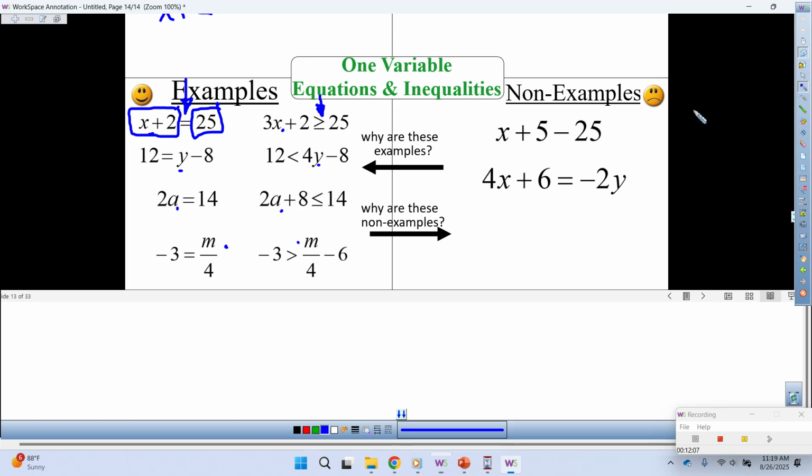Go with Elia. The first one, Elia, why is that one not a one variable equation or inequality? It only has one variable, which is x.